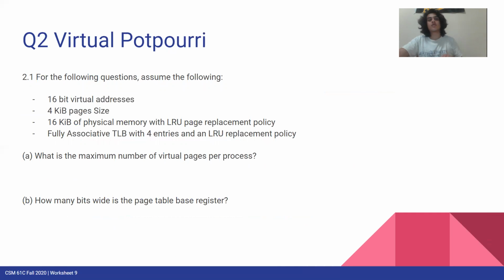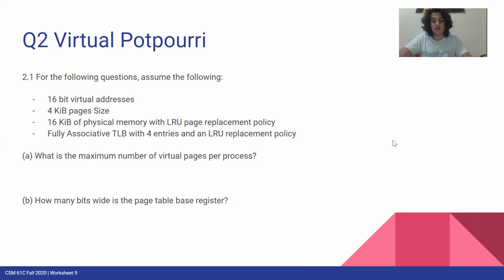Okay. So with these assumptions, with our 16-bit virtual address, 4 KB page size, 16 KB virtual memory, LRU page replacement, and fully associative TLB with 4 entries, and again LRU replacement, what's the maximum number of virtual pages per process? For this one, we need to get our maximum number of virtual pages.